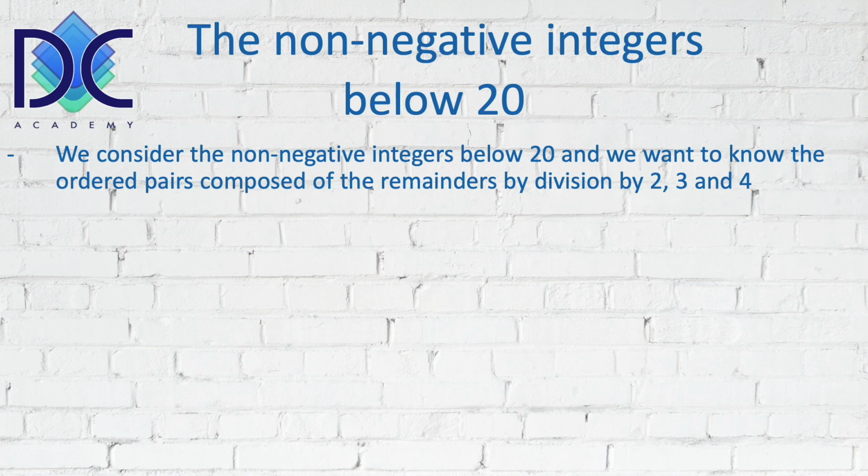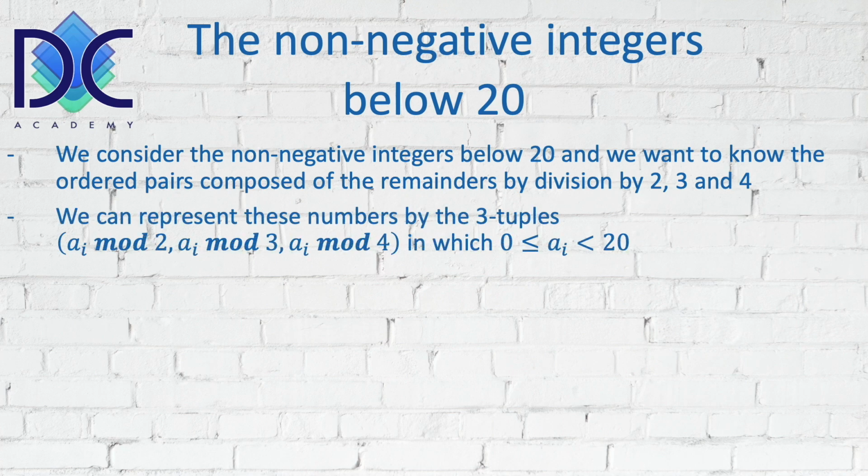We want to know how to represent those non-negative integers using this method. In this case, we represent the numbers by 3-tuples: a_i modulo 2, a_i modulo 3, and a_i modulo 4, where the a_i are from 0 up to 20, not included.